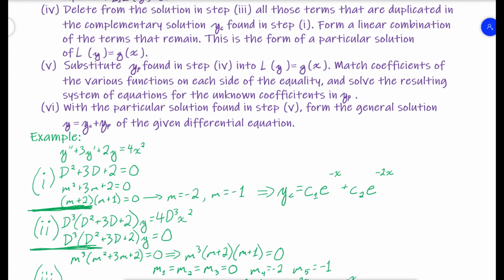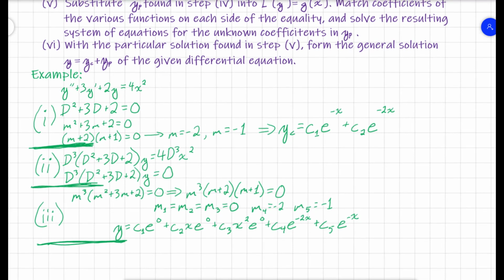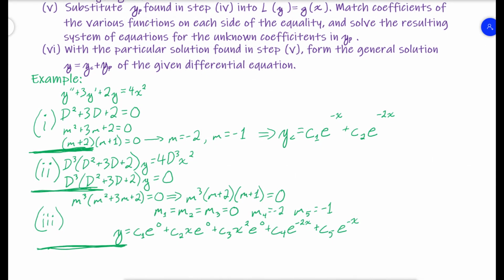It says delete from the solution in step 3 all those terms that are duplicated in the complementary solution y sub c found in step 1. Form a linear combination of the terms that remain. This is the form of a particular solution. All right. So I'm going to take my solution that I had in 3 and I'm going to turn it into my particular solution by writing all of the terms that are in this solution that I got in 3 that are not in y sub c from step 1.